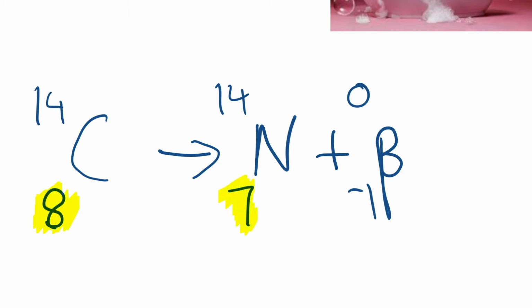So a neutron has actually changed to a proton, because we had 8 neutrons, and 7 plus 7 gives you 14 nucleons. And a beta particle was emitted with a charge of -1.